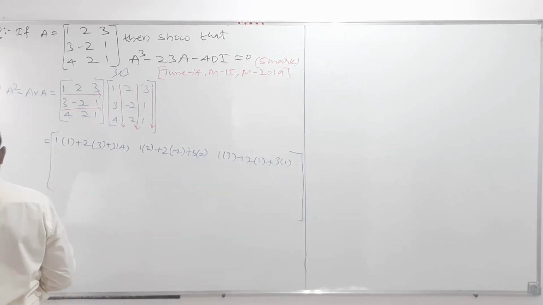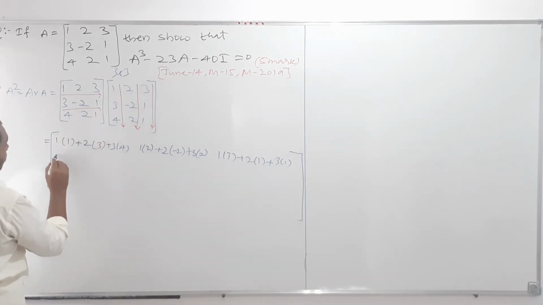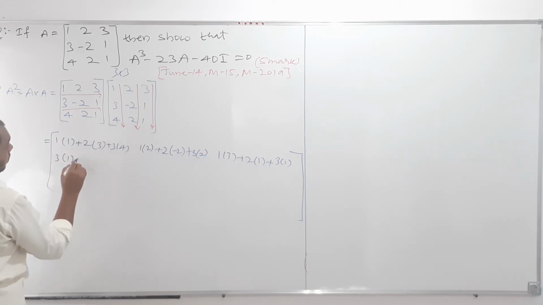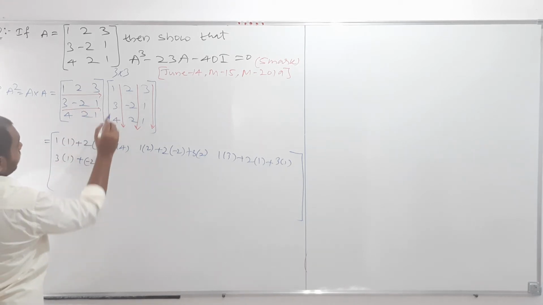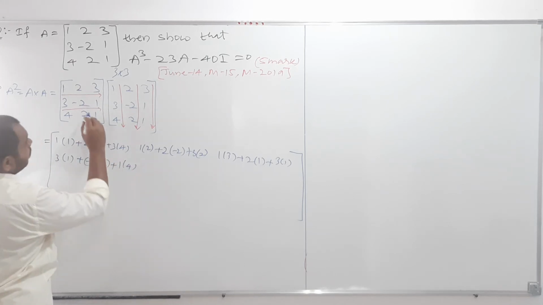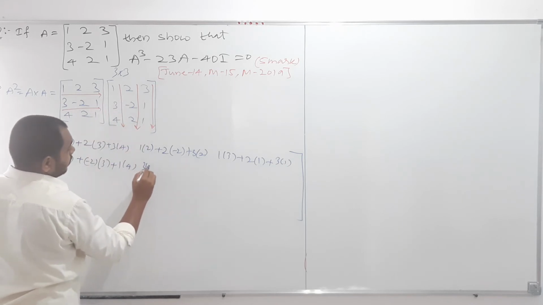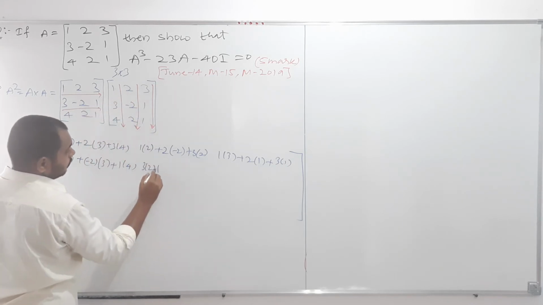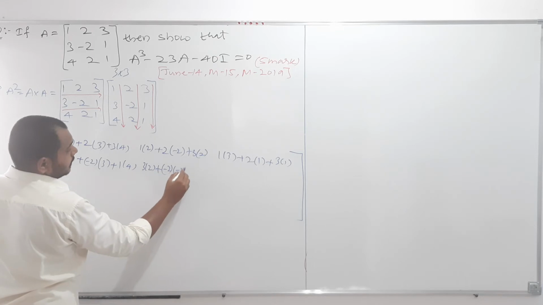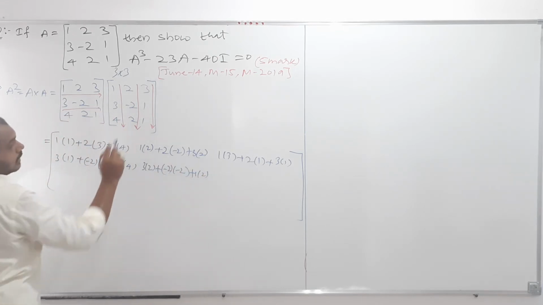Yes, my dear students. Next second row first column: 3 into 1 plus of minus 2 into 3 plus 1 into 4. Next second row second column: 3 into 2 plus minus 2 into minus 2 plus 1 into 2.